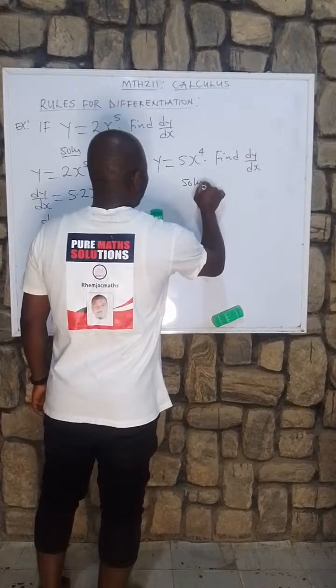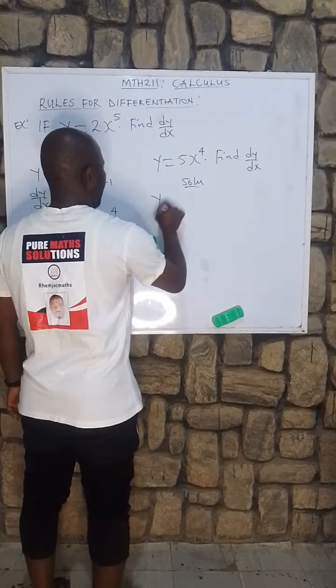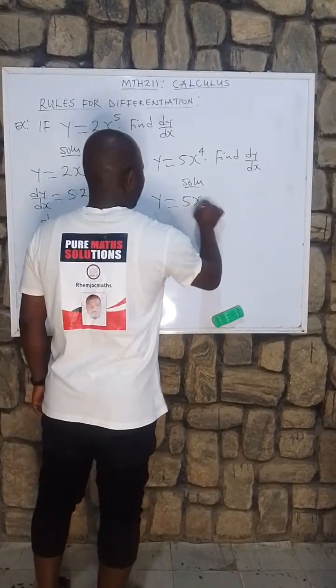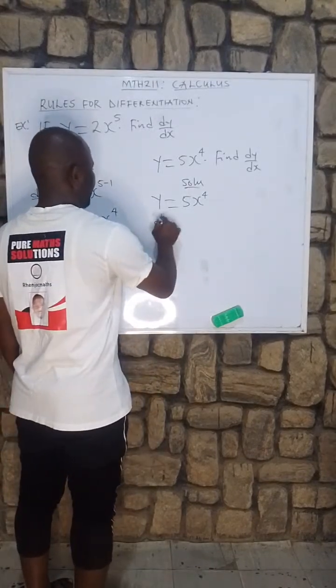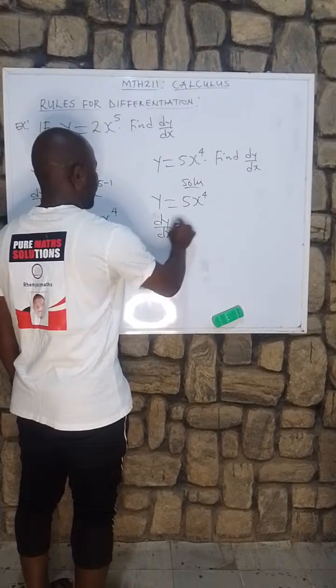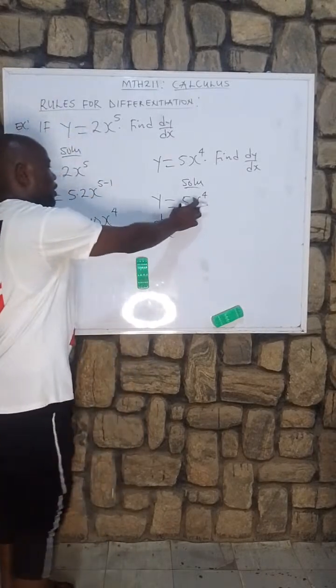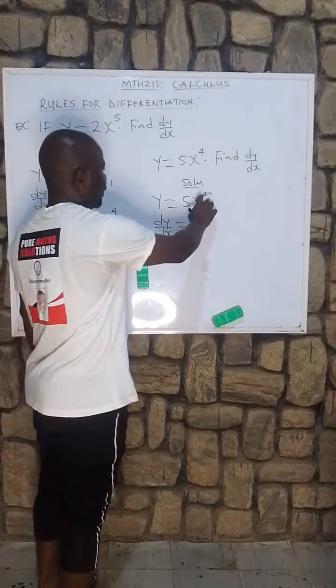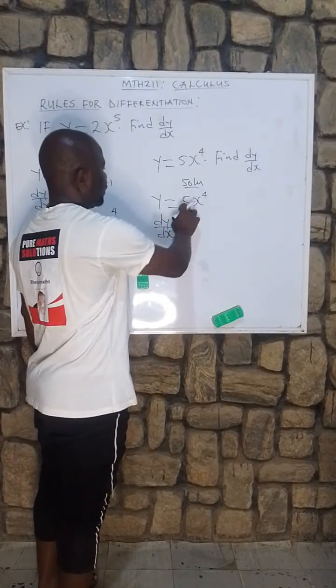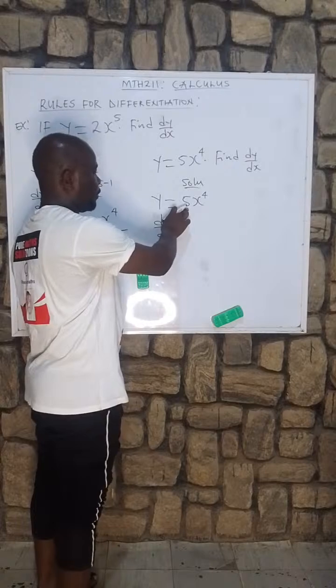So we write solution. y is equal to 5x raised to the power of 4. So our dy over dx, since the independent variable here is x, what we have here is 4. Use this 4 to multiply the constant, 5.